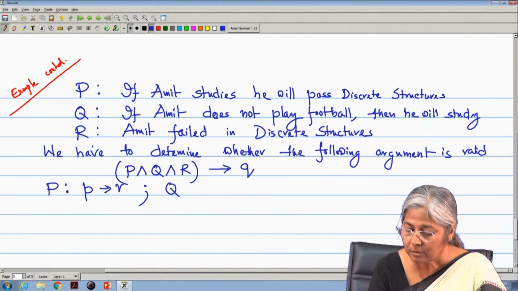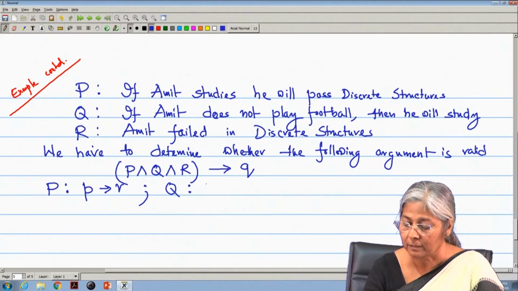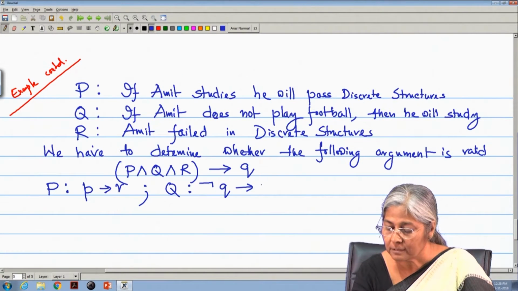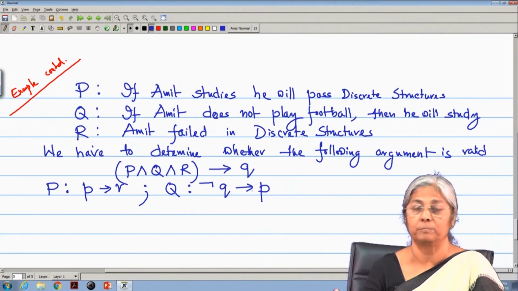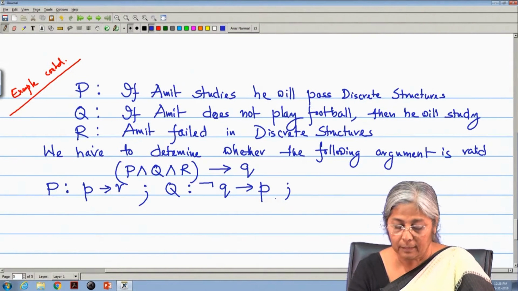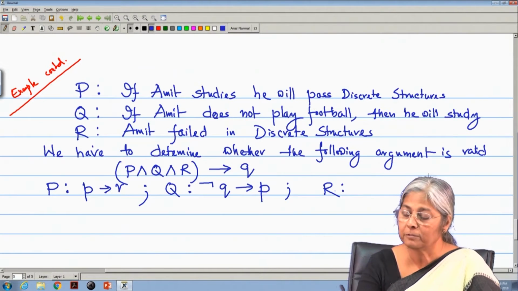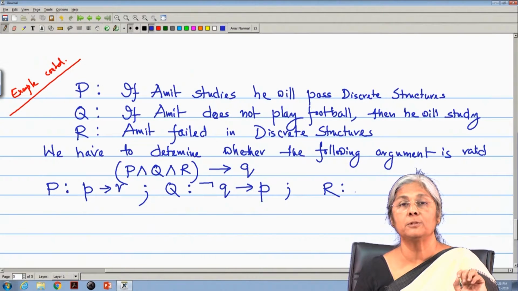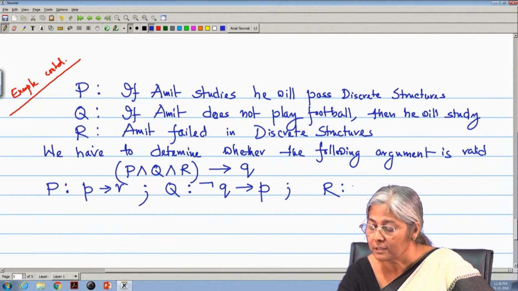Q, the compound proposition Q is, if Amit does not play, that means negation q, then he will study. It implies he will study means it is small p, because Amit studies is small p. Then what is R? R is Amit failed in discrete structure. Amit passes was the primitive statement, small r, so Amit failed will be negation r.